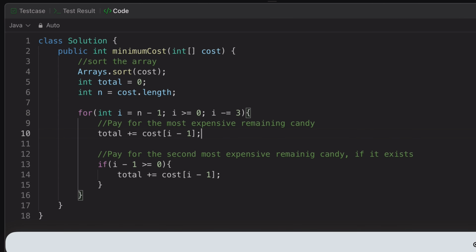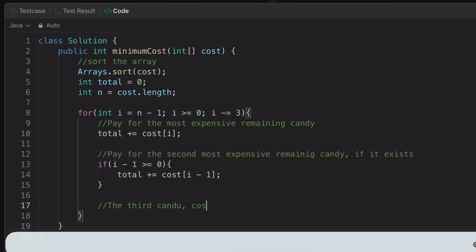No, sorry, so this is not the most expensive, this should be the expensive, right? I minus 1, I minus 2. Yes, I remember, I told you cost at I minus 1 and I minus 2. So I minus 2 we have to skip it, right? So what do we have to skip? The third candy.